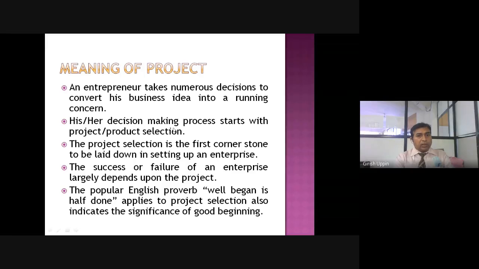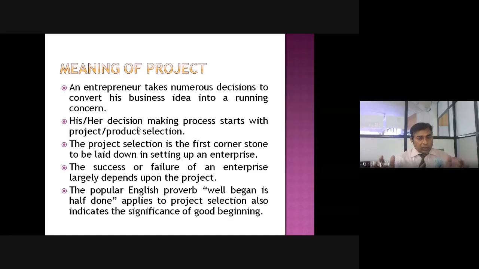His or her decision making process starts with the project or product selection. So decision making is a part of this process. At every stage you have to make a decision, right? When you have a couple of ideas, to convert them into projects you have to make decisions.